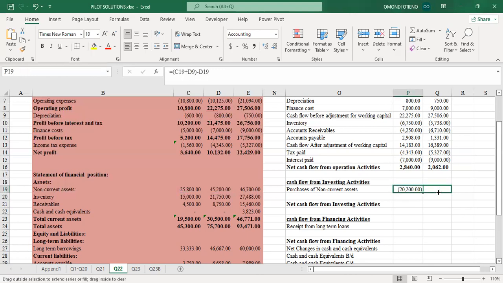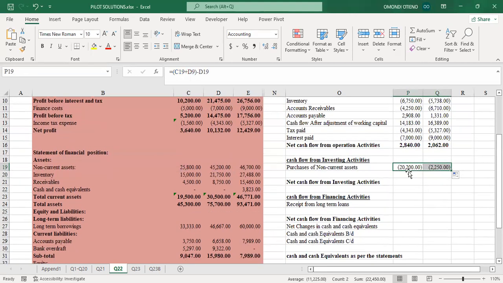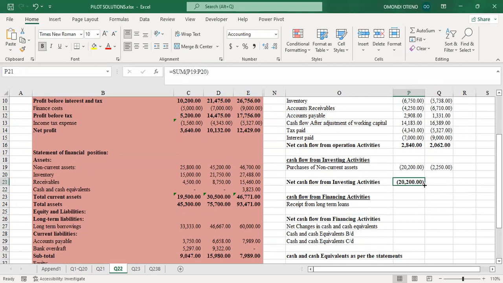We do the same, just autofill, and you'll be able to get your balance for the purchases of PPE. So since it is the only item under investing activities, it is also going to be our net cash flow from investing activities.